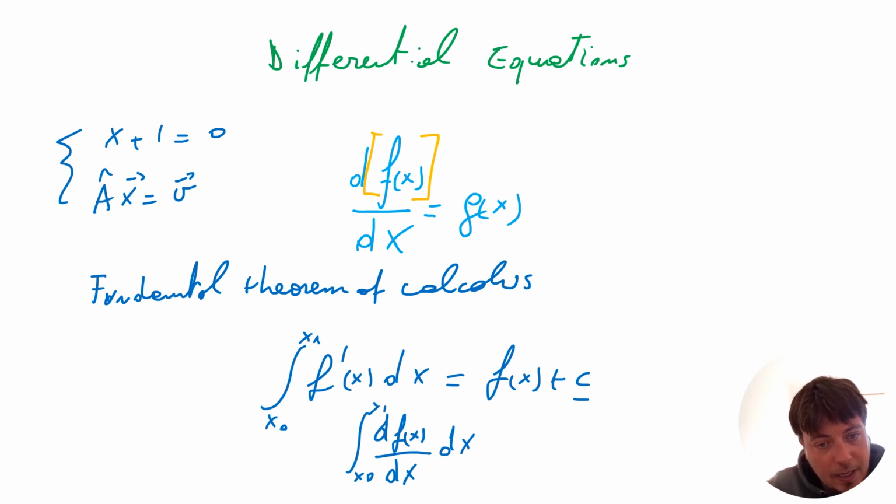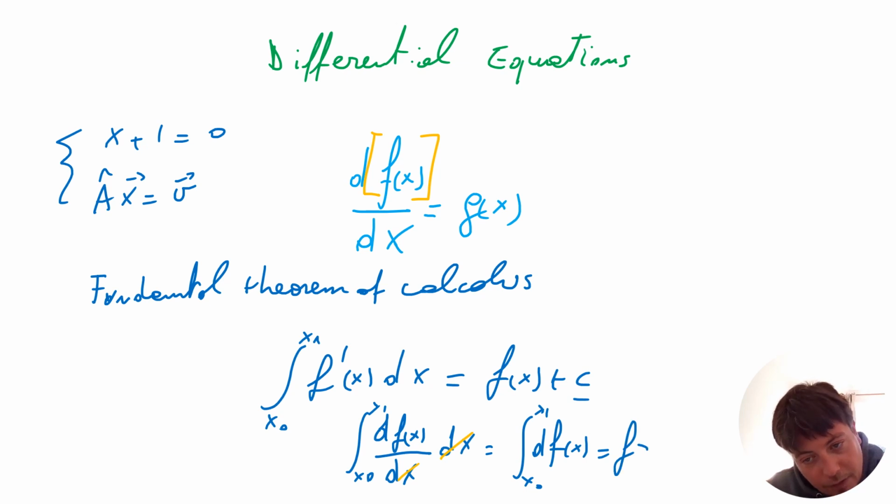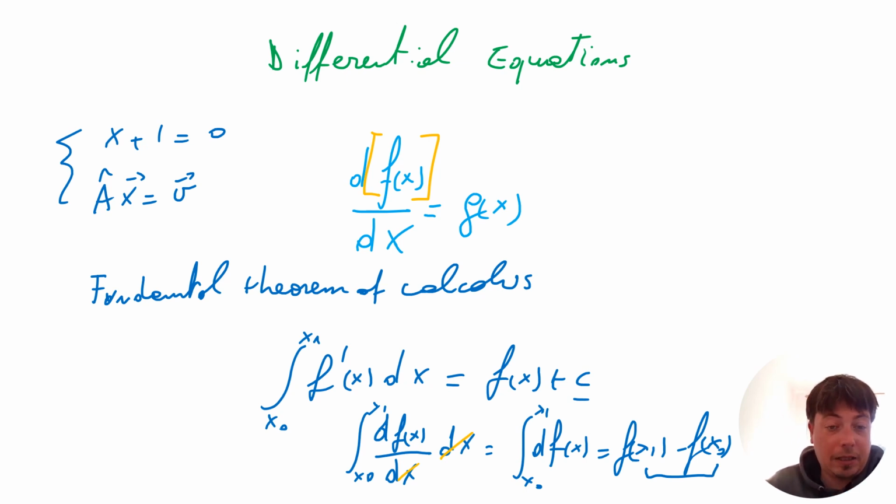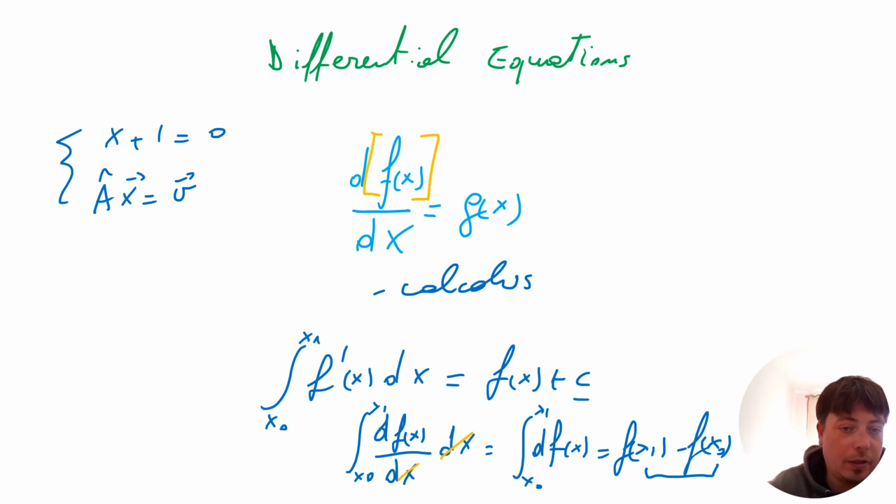Now, a hand-wavy explanation that math would hate is basically you can simplify the dx because it's the same on both sides, and then you have a full variation of your function, which is in fact f of x1 minus f of x0. So you actually retrieve your function f of x by integrating your derivative. So this is cool, meaning that we can proceed further.